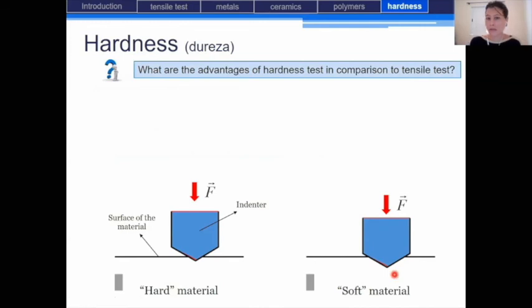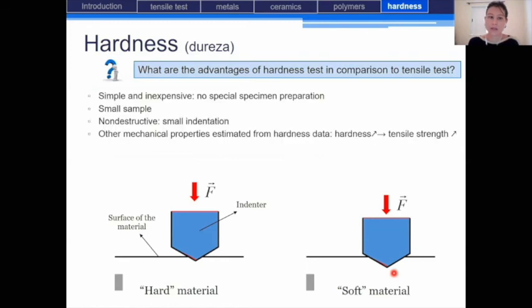So what are the advantages of the hardness test in comparison to tensile tests? This test is much simpler to perform than a tensile test. We don't need to prepare specific specimens with specific dimensions and shape, and so the cost of this test is much lower than performing a tensile test.